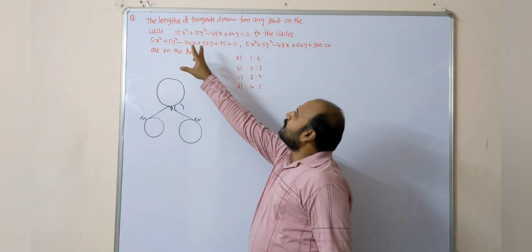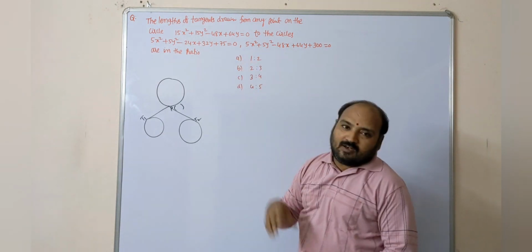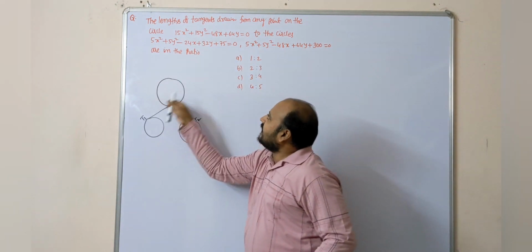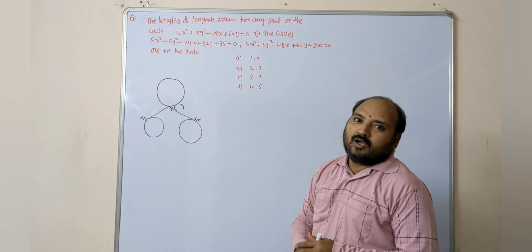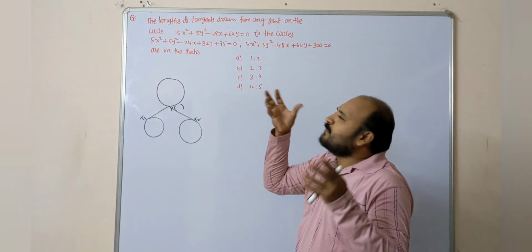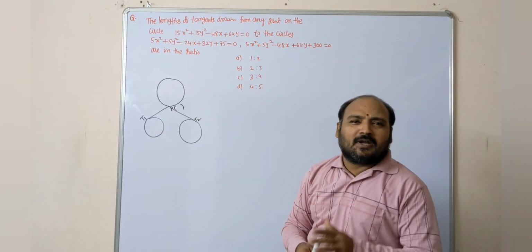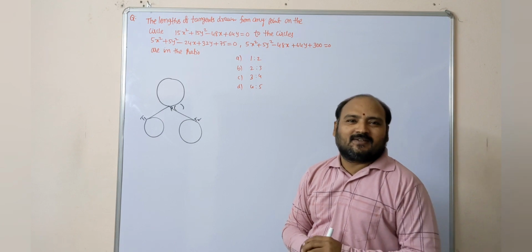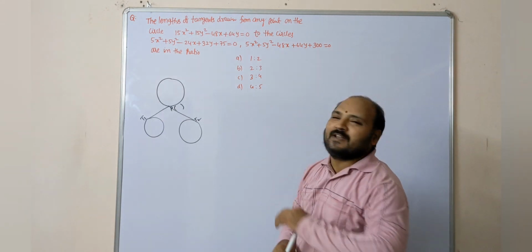Dear students, this is the big circle now. Whenever such big values are given, a little logic they will apply. What is the logic behind this?